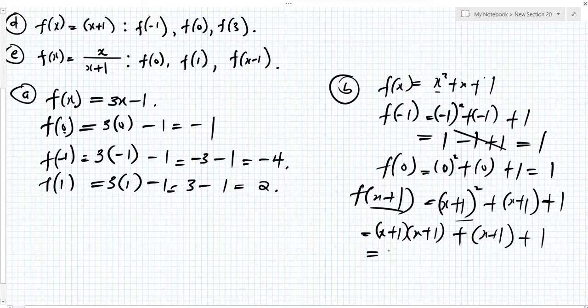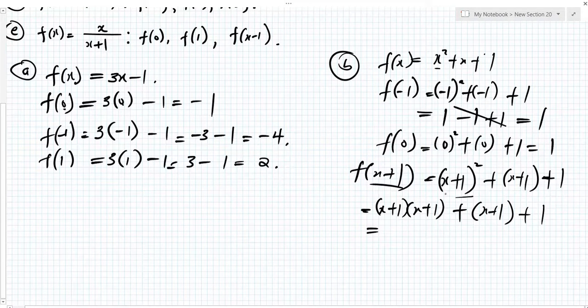So x plus 1 all squared is the same thing as x plus 1 times x plus 1. To expand this further, let's say this is a single value, you use it to multiply all the terms inside here.